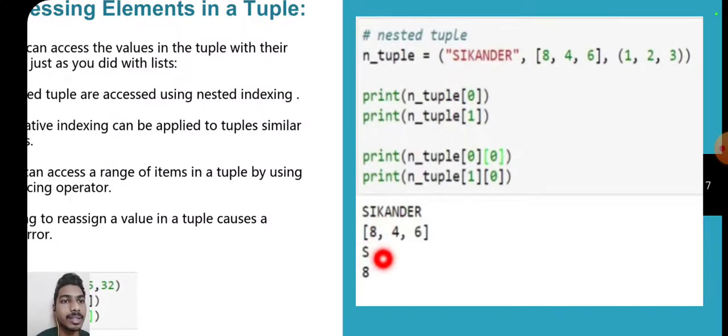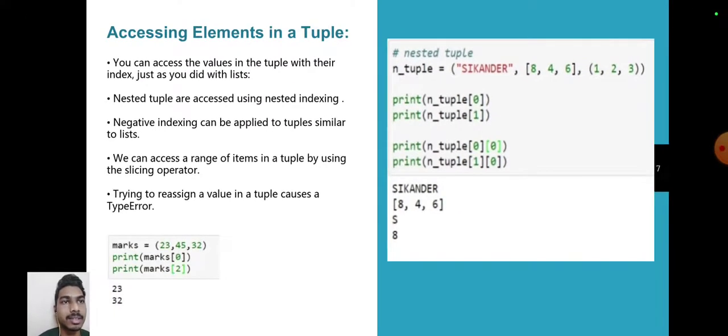So s is printed. Next, print of n_tuple of 1 and 0 means in this first index another 0 index is accessed, that is 8. That's the difference.